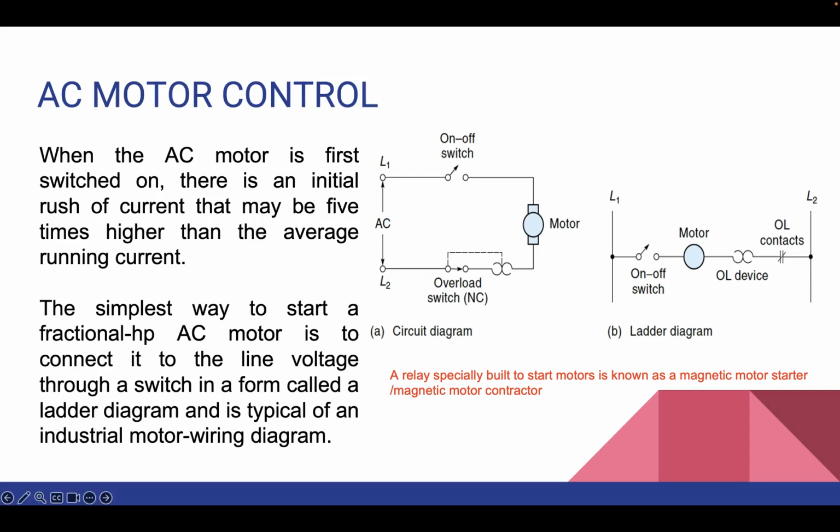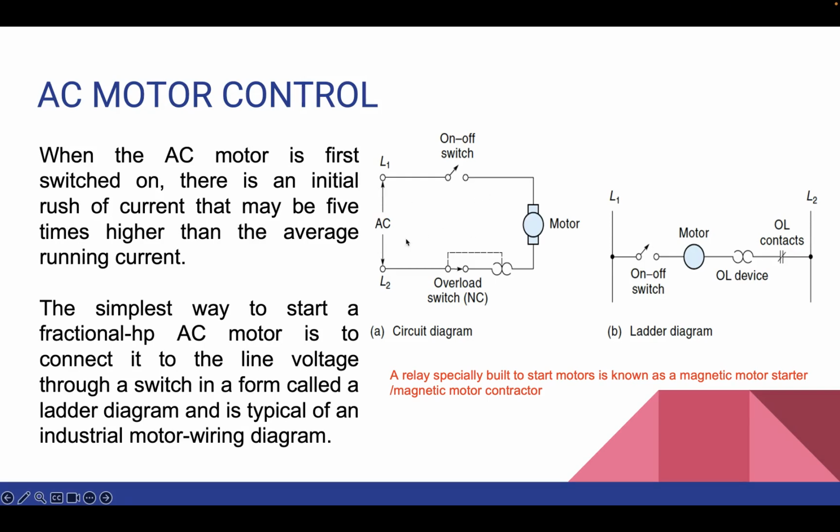The common method to start a fractional horsepower AC motor is by directly connecting it to the line voltage through a switch. As you can see in this circuit diagram, it is directly connected to the line voltage through the switch.